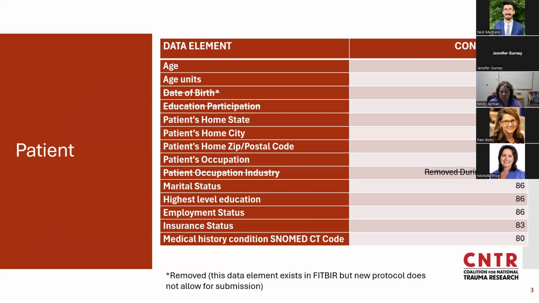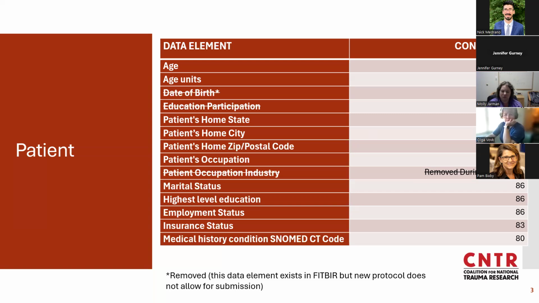The only other change, after further follow up with the Fitbird team: date of birth is an element that exists within the system. However, there's been a new protocol that doesn't allow submission of that data, so we've gone ahead and removed that for the moment as well. Everything else has reached consensus for inclusion.